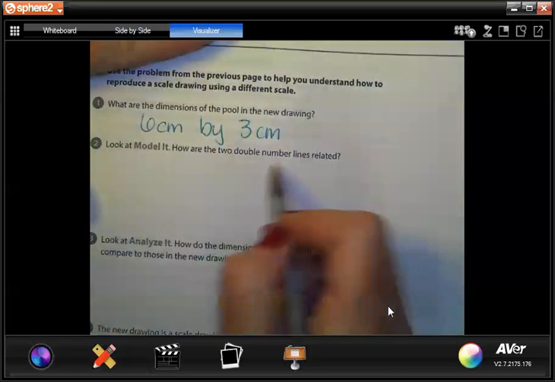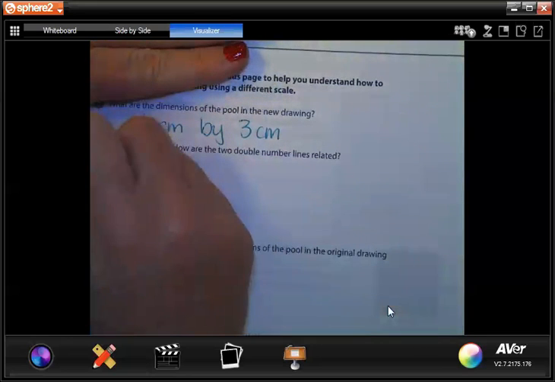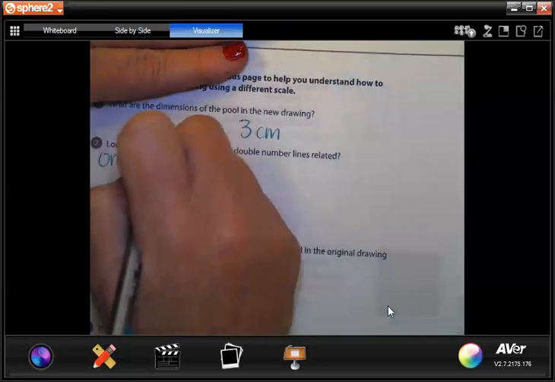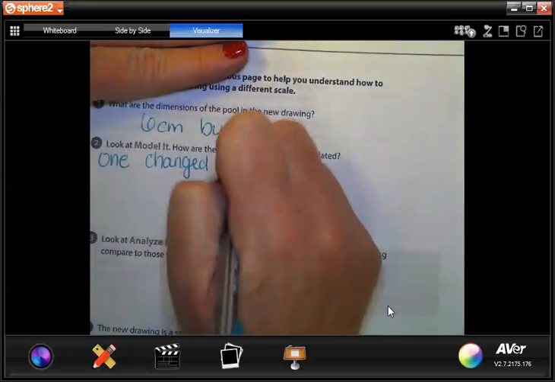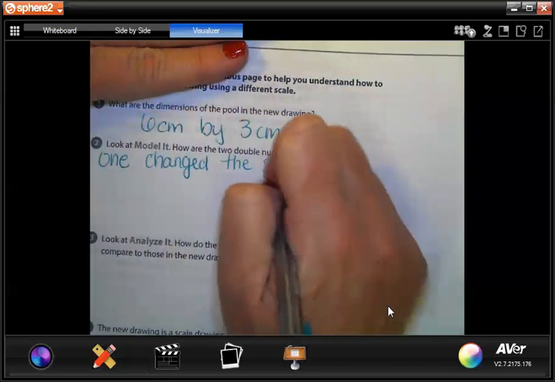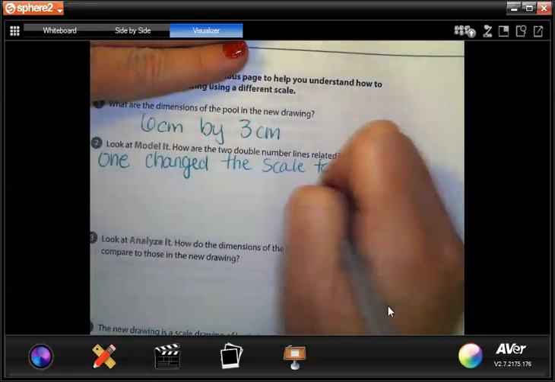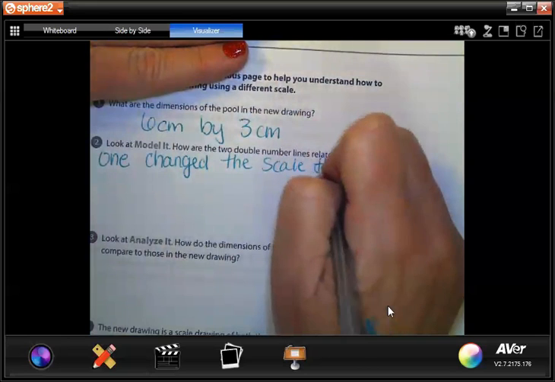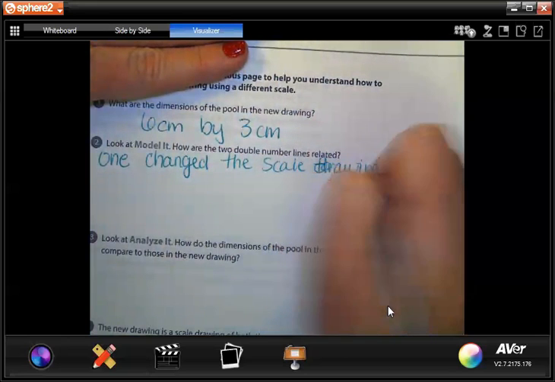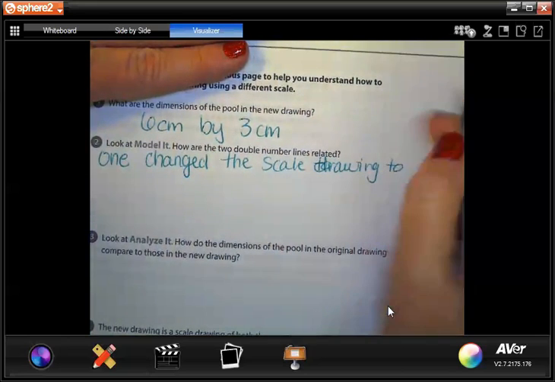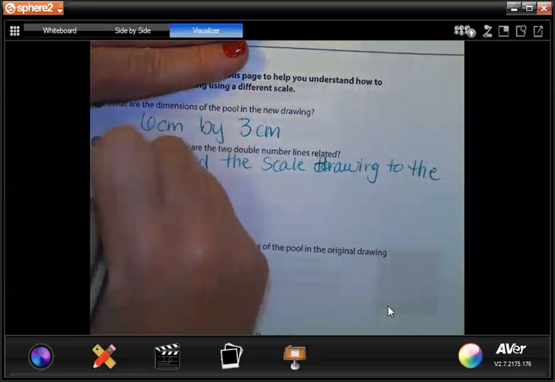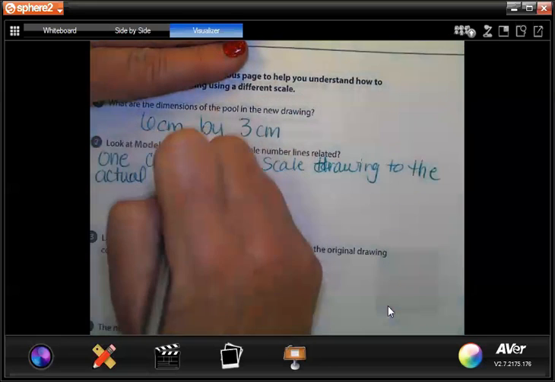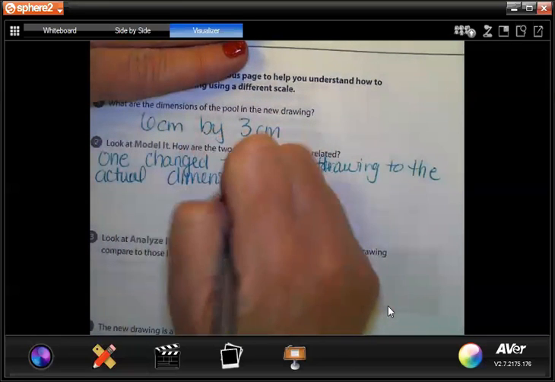So how are those number lines related? Well, one changed the scale drawing, sorry, this should say drawing, to the actual dimensions of the pool, right?